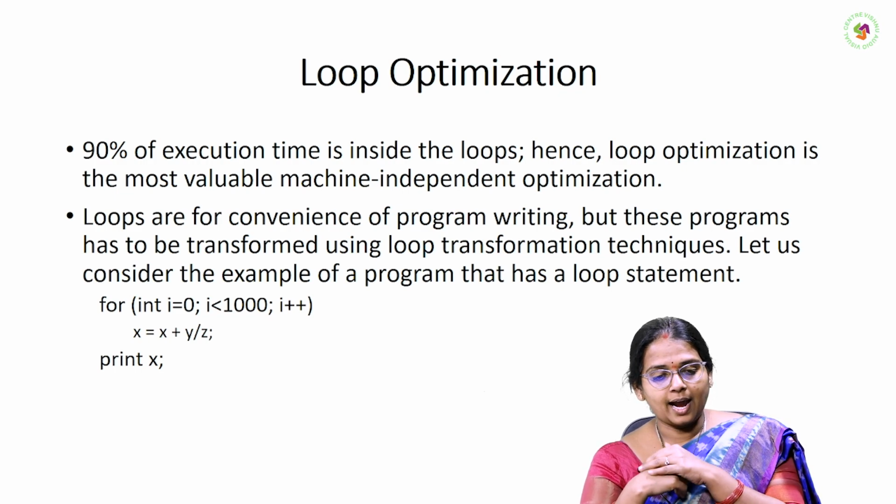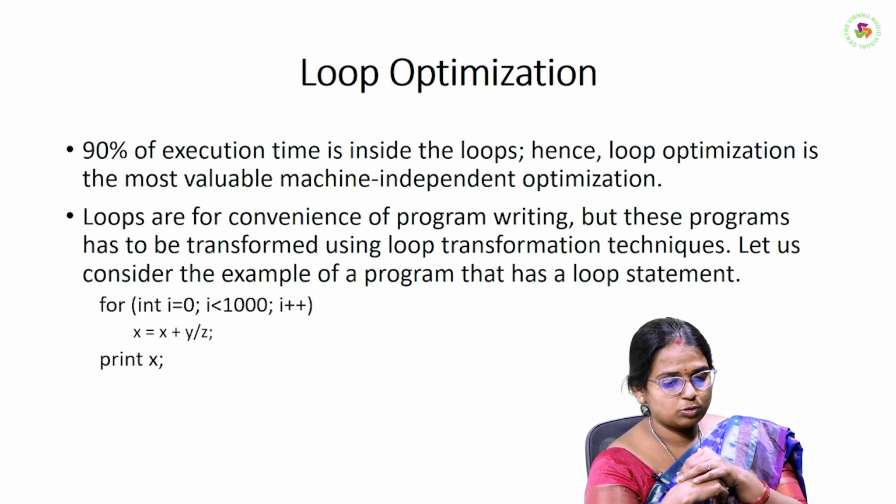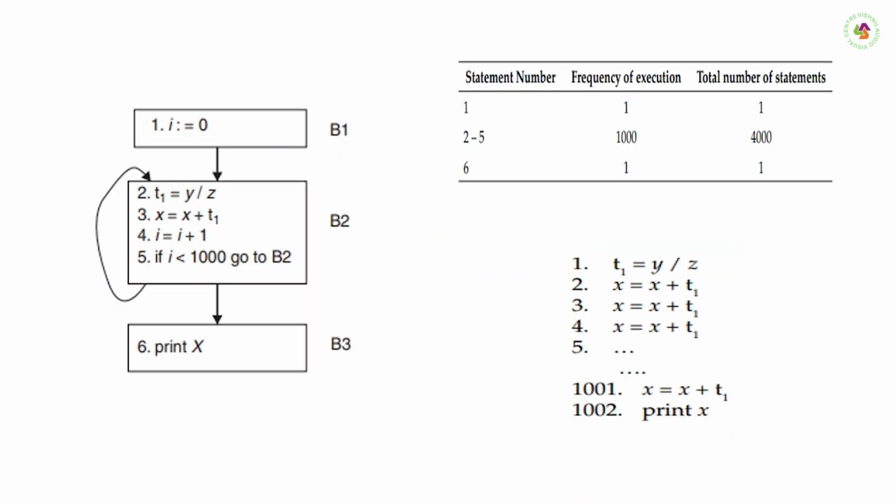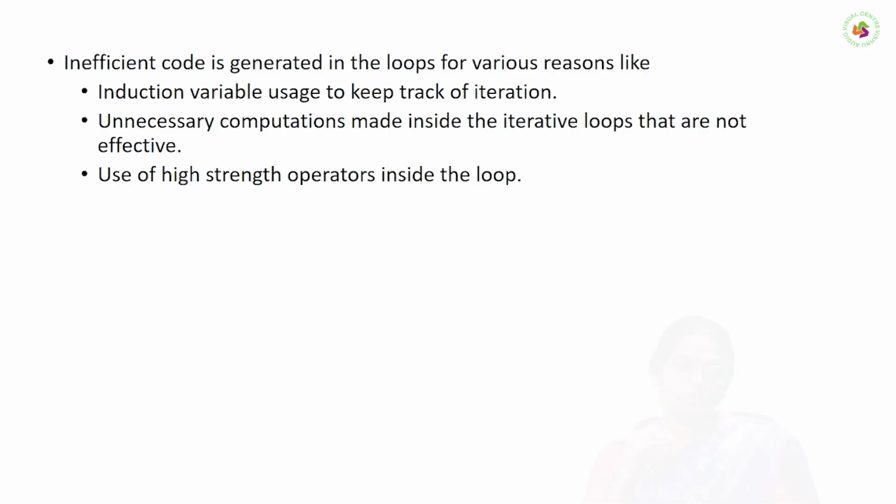See here, int i equals 0, i less than 1000, i plus plus, x is equal to x plus y by z. If we take the total number of statements, it will take 4000. If we take the frequency of execution, it will take only 1000 times. So this takes less amount of time.